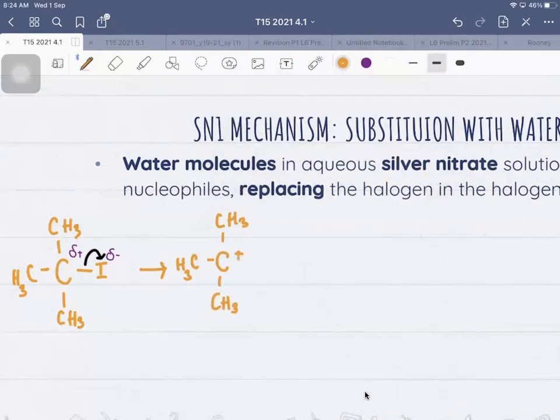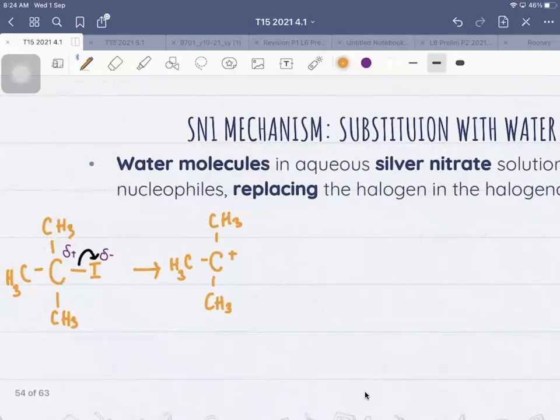A carbocation is a carbon with a positive charge. Your iodine is just on the side as your product for now. And don't forget, iodine from a delta minus becomes iodine with a full negative charge once it gets the electron.